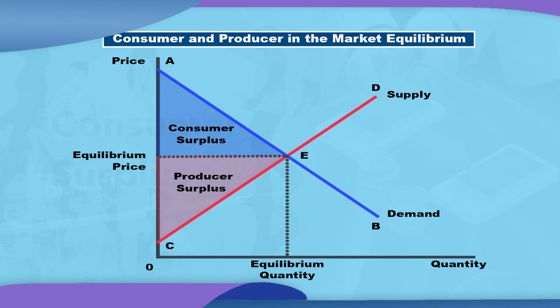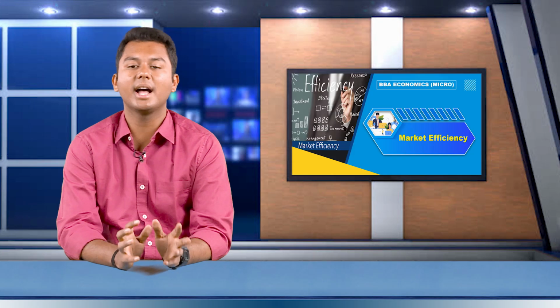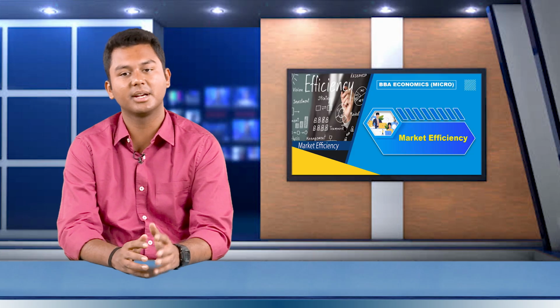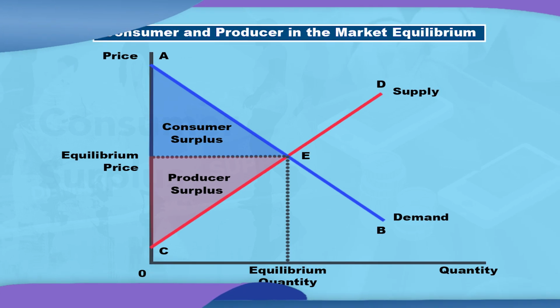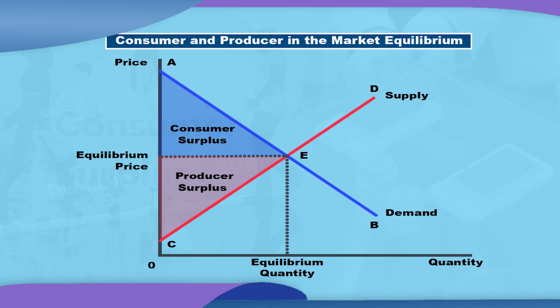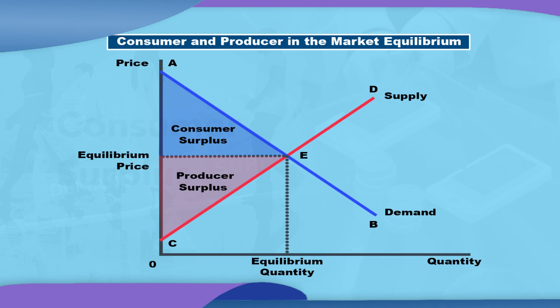That is, does it maximize the total surplus? To answer this question, recall that when a market is in equilibrium, the price determines which buyers and sellers participate in the market. Those buyers who value the good more than the price, represented by the segment AE on the demand curve, choose to buy the good. Buyers who value it less than the price, represented by the segment EB, do not.